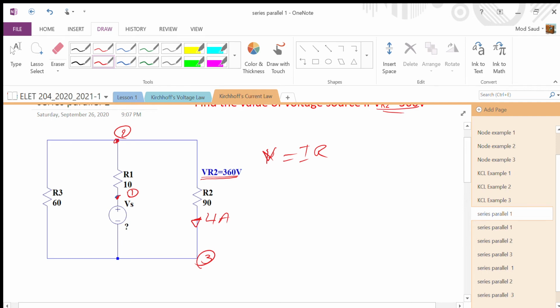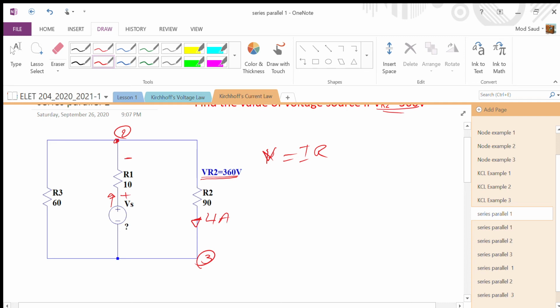What else can I choose? Using the background information we introduced before we look in detail at KVL, I will start to label this. This is the conventional current, so this is positive, negative.